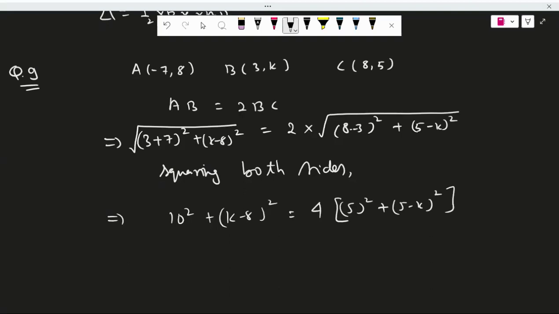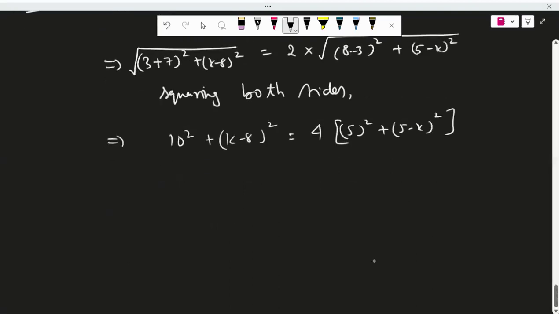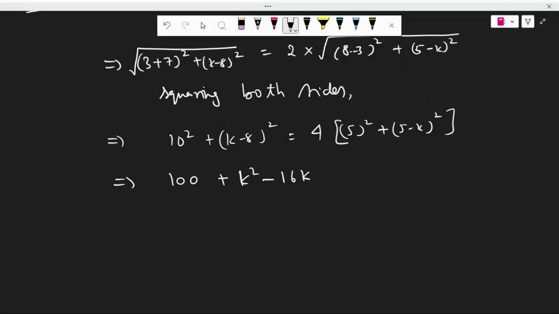Now simplify and find the value of k. This will be 100 plus k squared minus 16k plus 64, using a square minus 2ab plus b square.